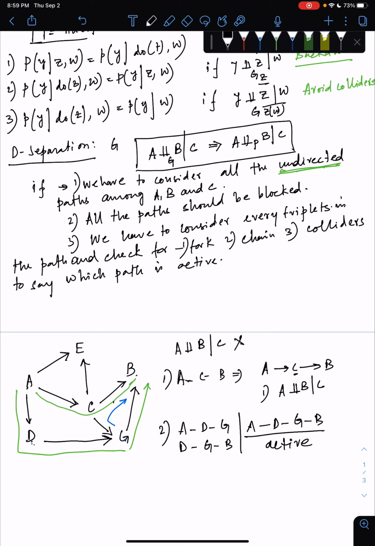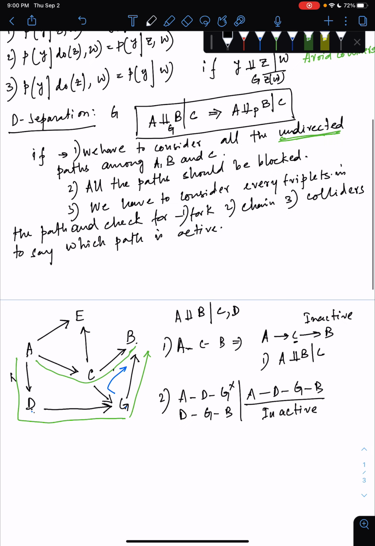For example, if we have D, then this path A, D, G is a chain, and we are conditioning on D. So this path is blocked, and no information will flow from A to B. This particular path is inactive.